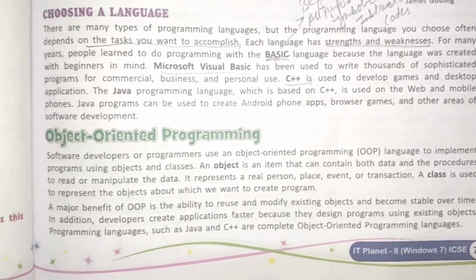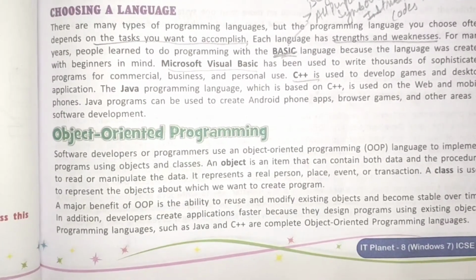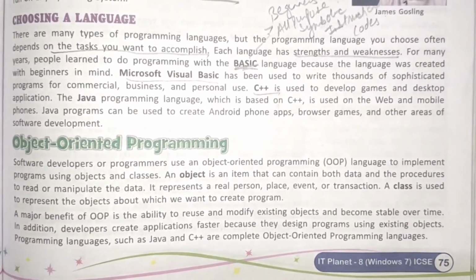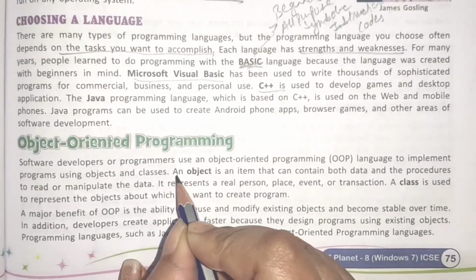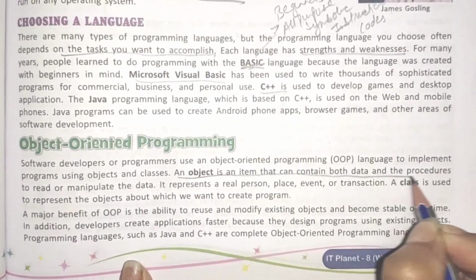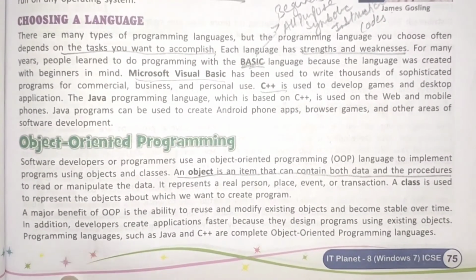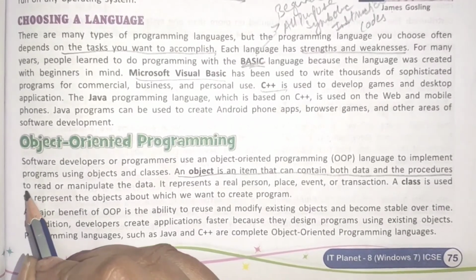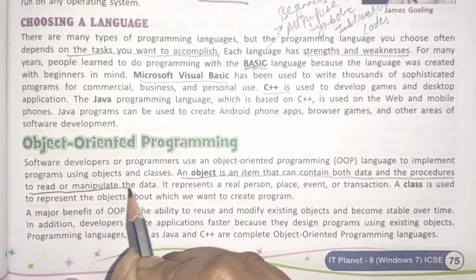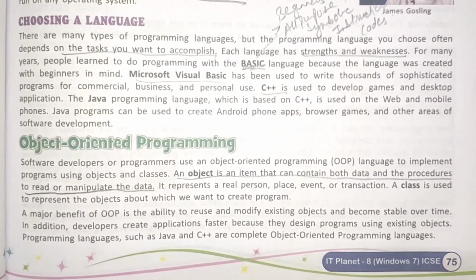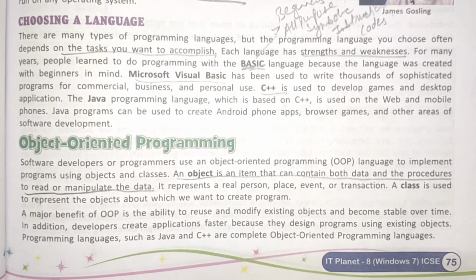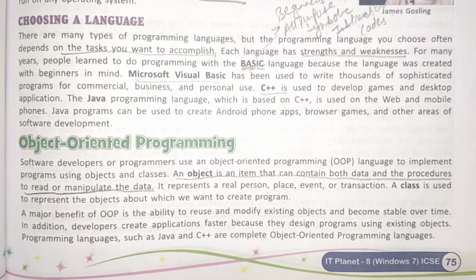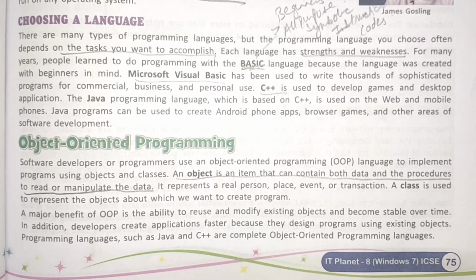Now, let's understand the term object. An object is an item that contains both data and procedures to read or manipulate the data. Or in a real sense, you can say that any identifiable entity is called an object.